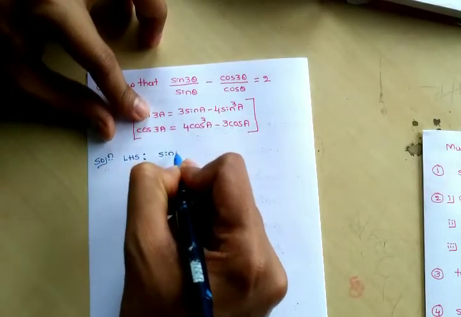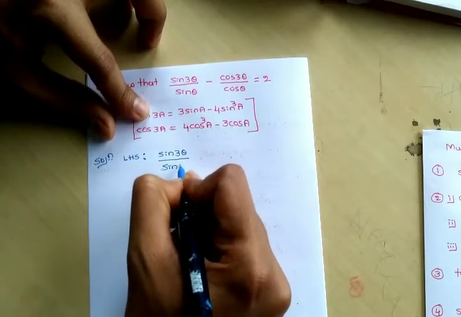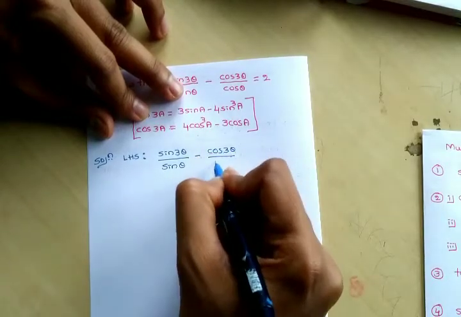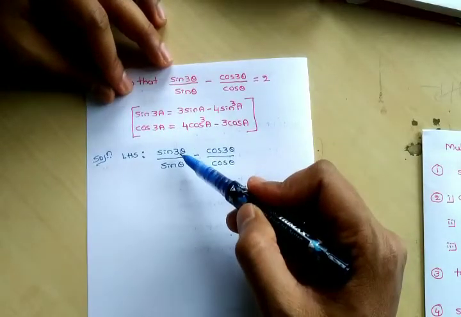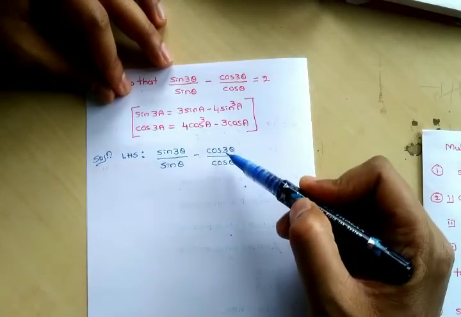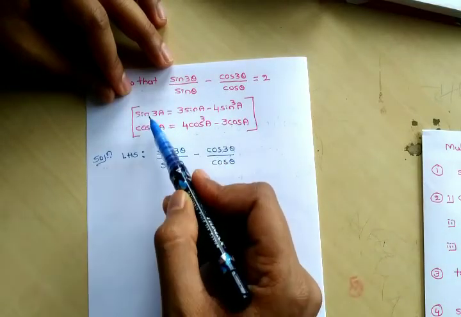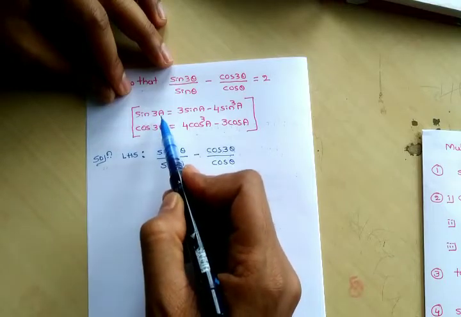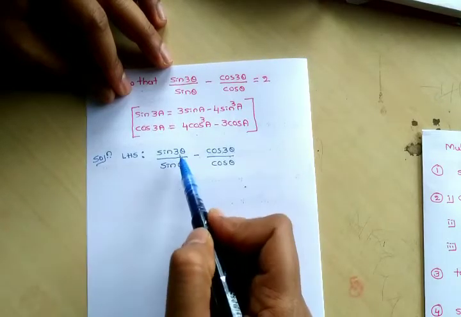Sin 3 theta divided by sin theta minus cos 3 theta divided by cos theta. For the numerators sin 3 theta and cos 3 theta, I am going to apply the two multiple angle formulas. Here the angle is theta, but in the actual formula we have taken the angle as A. Just replace A by theta, correct?